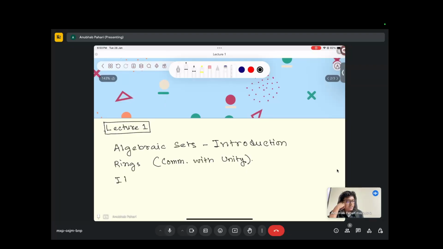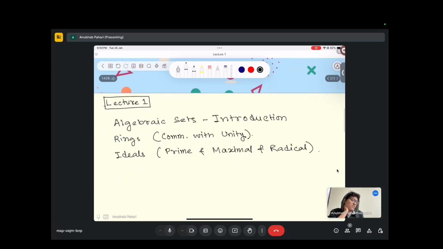Its ideals, that is prime and maximal, and I think radical was introduced. I think these are the three things that were introduced by Professor Dilip Patil in your classes.